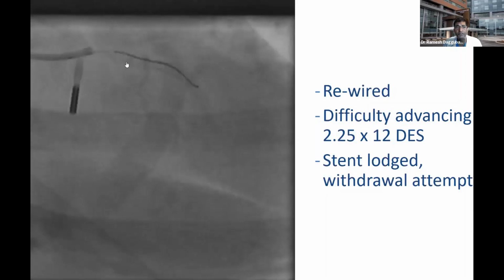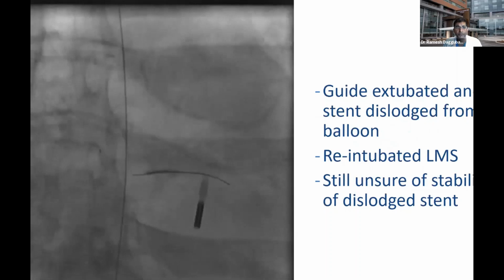Now this is the problem that we were having: rewiring and difficulty advancing 2.5 drug-eluting stents. The stent was lodged, and we tried to pull it back because it was not going forward. The next picture shows that the wire and the stent came back here. As you can see, it's almost in the ostial junction.